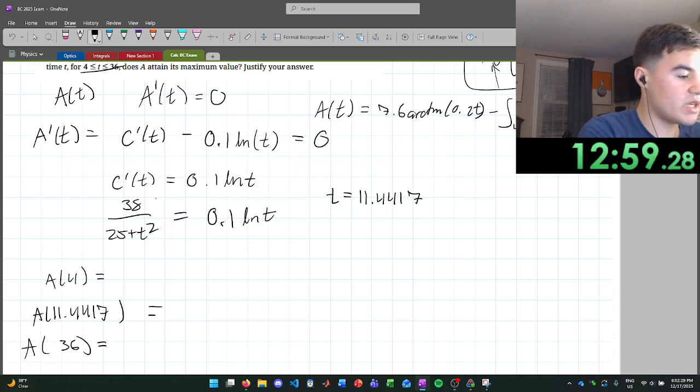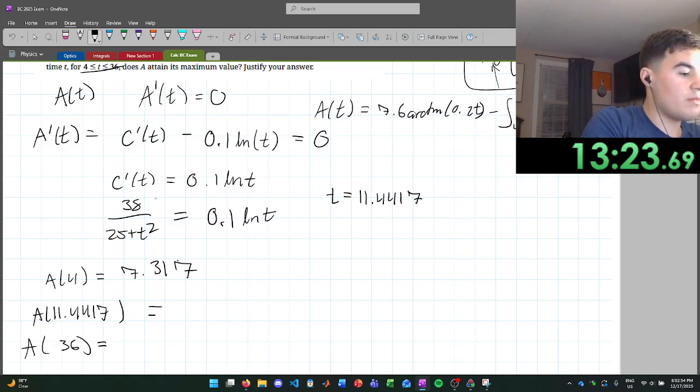we get 7.6 arctan 0.2x minus the finite integral from 4 to x of 0.1 ln b db, using a different letter like b. This is 7.317.